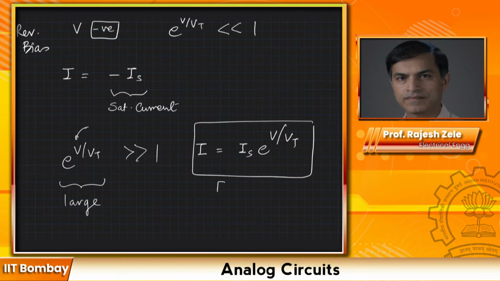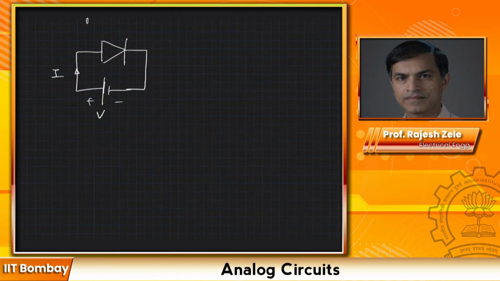So this would be your forward bias condition. The key part here is, as voltage keeps increasing, the current I will exponentially increase. Okay. Let's take a numerical example and then things will become very clear.